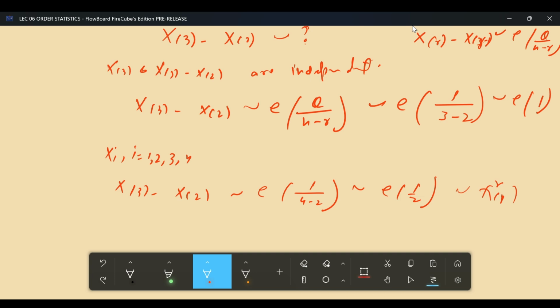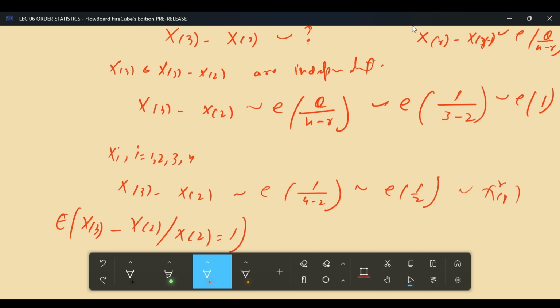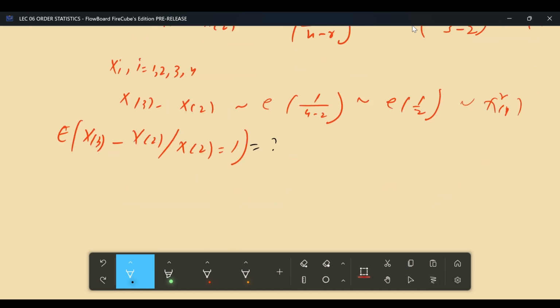Now see, find the expectation of x3 minus x2 given x2 is equal to 1. How to find this expectation? As you know, x2 and x3 minus x2 are independent.